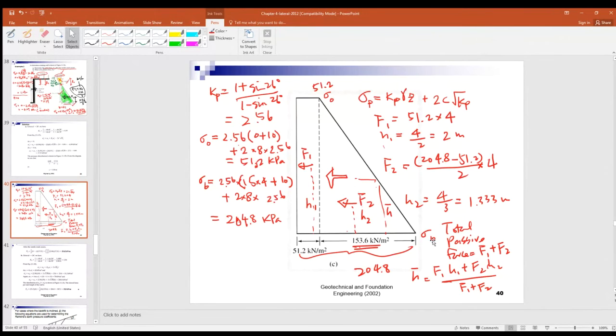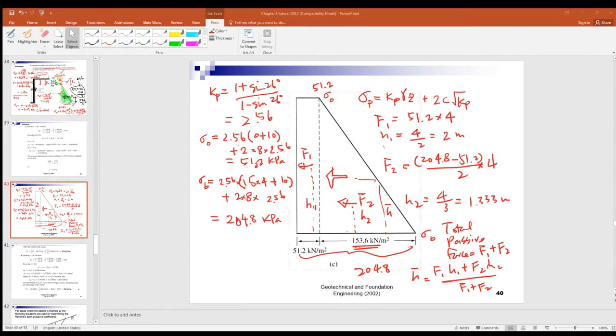And then you apply the moment, the force times the lever arm, to work out the centroid. So that is the whole calculation. So is that okay? It's not that difficult, right?